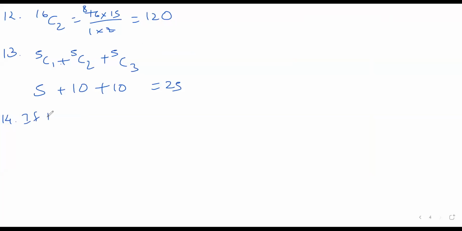If there are n guests in the party, there are n right hands. How will you select 2 right hands out of these n right hands?